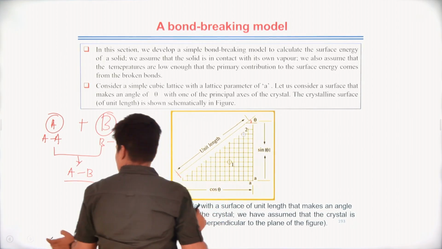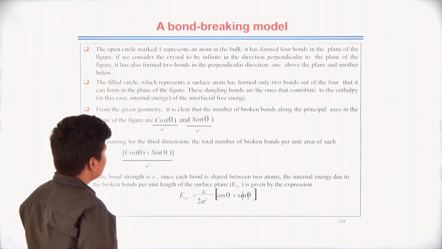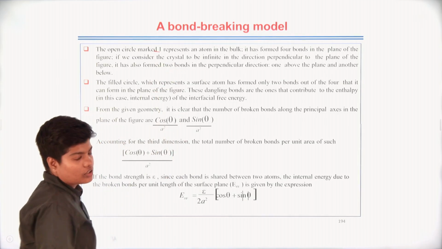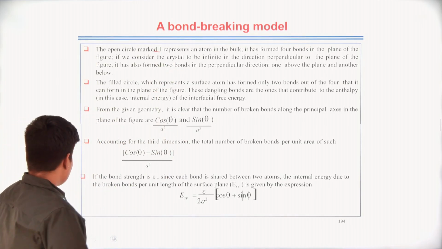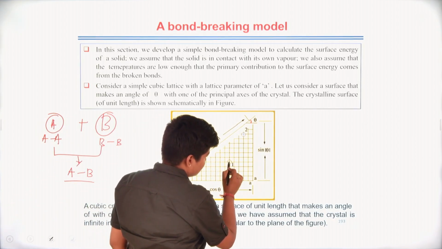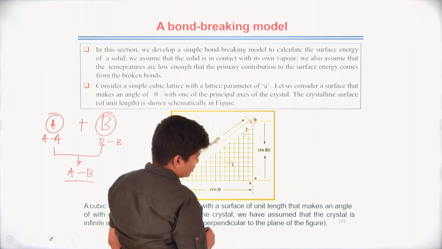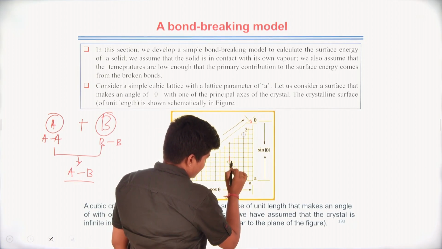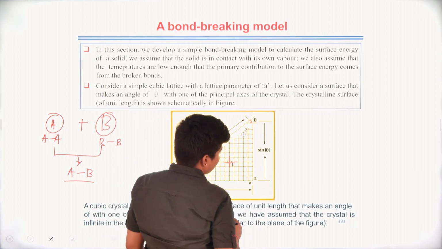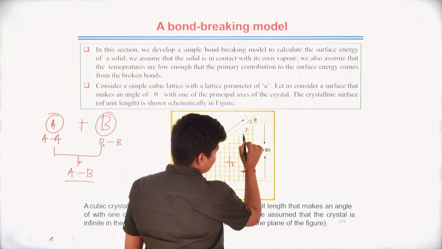In the figure, the open circle marked 1 represents the atoms in the bulk, and the bulk atom has formed 4 bonds. As you can see, this atom in the open circle has made 4 bonds, and this filled circle atom has formed 2 bonds.